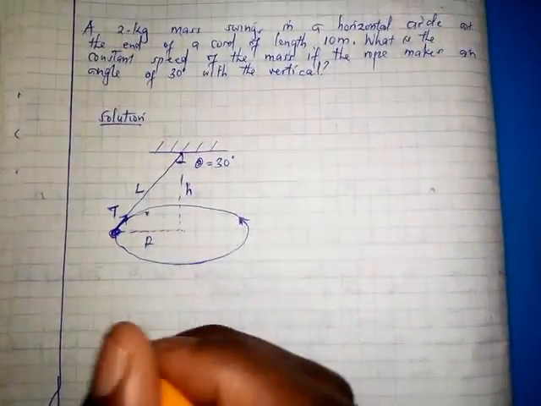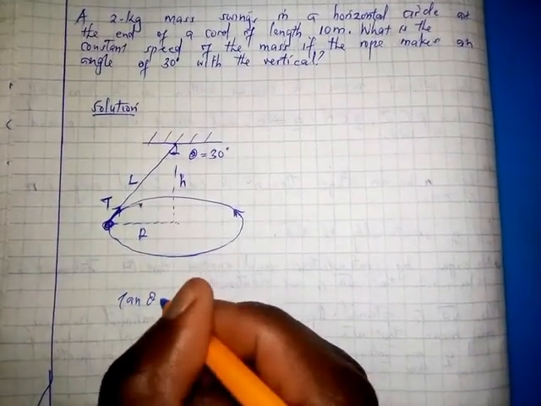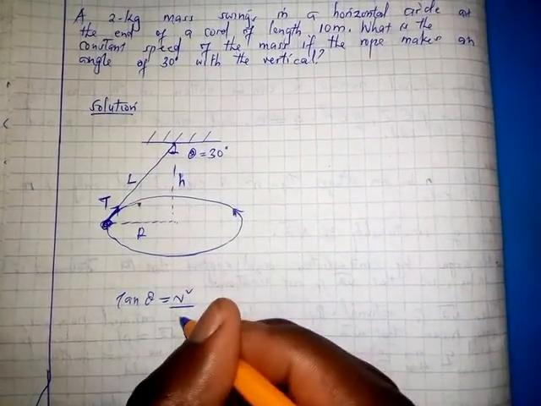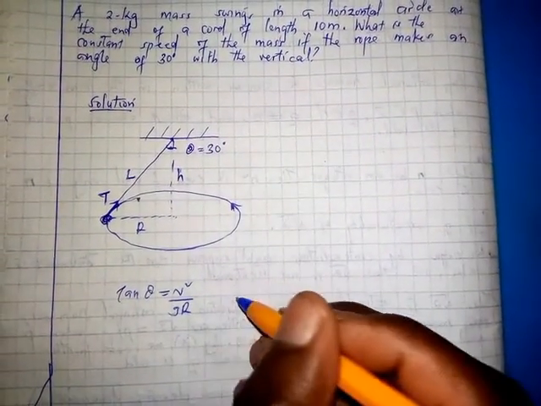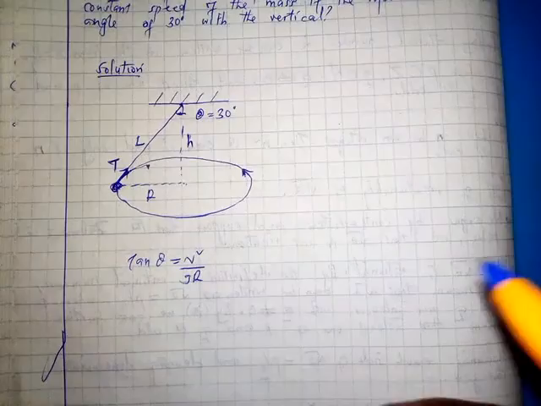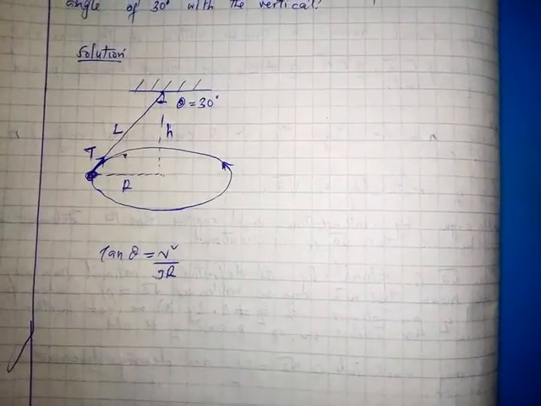Remember the formula for the pendulum. Tan theta is given by v squared over gr. So you have to find v, but remember to use this formula.